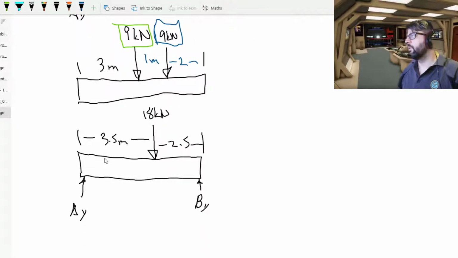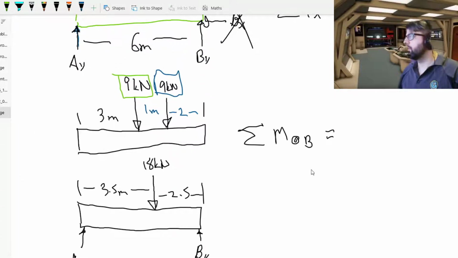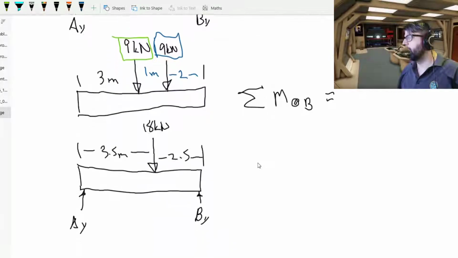In order to figure out our reactions, what do we need to do? First thing we should probably do is take a moment about, let's go with a moment about B. Obviously we're working in 2D, so all the moments will be about the z-axis.